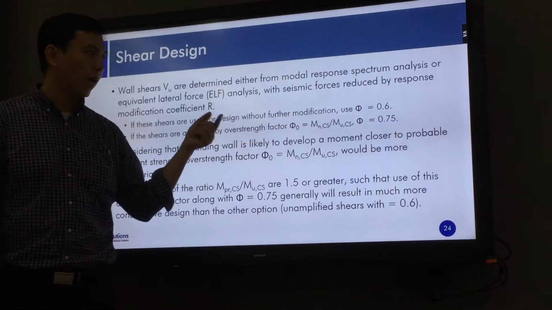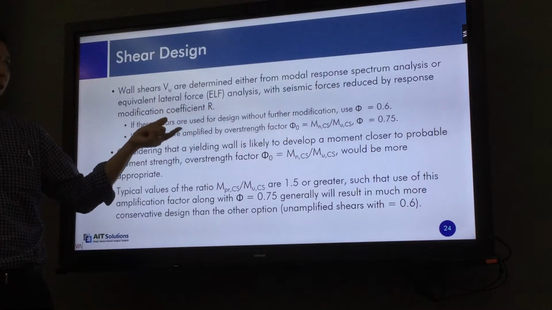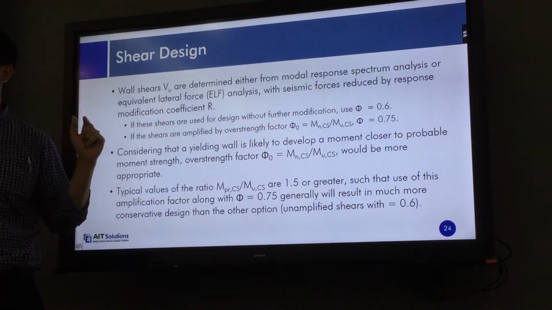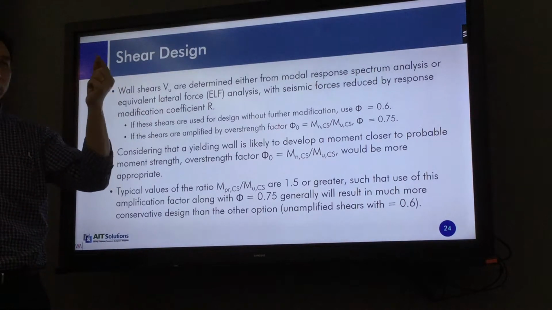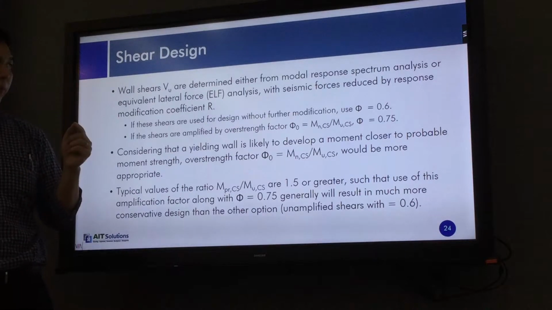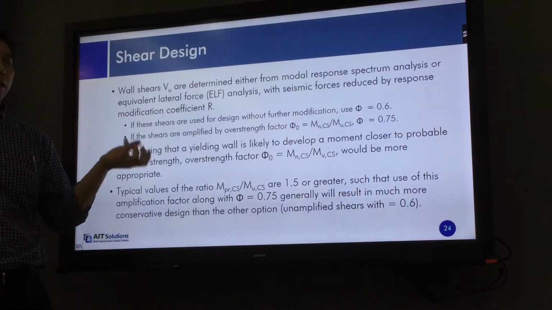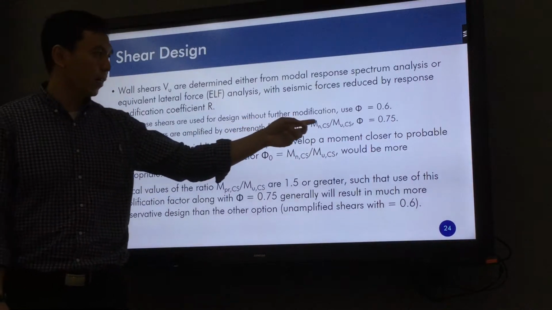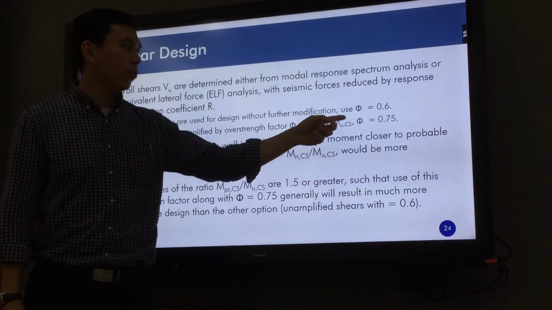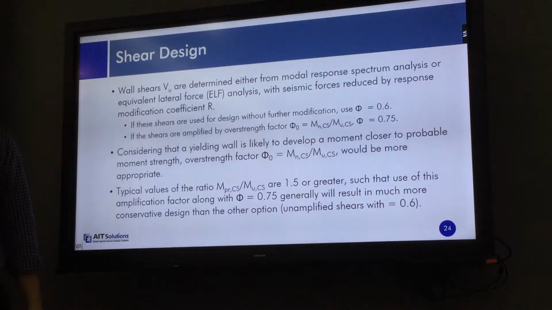So you will have the amplified shear demand. Let's say that factor is 1.2. You have to multiply 1.2 with the analysis shear demand. So it will go from 10,000 to 12,000 kilonewton shear demand. Then you can use phi equal to 0.75.